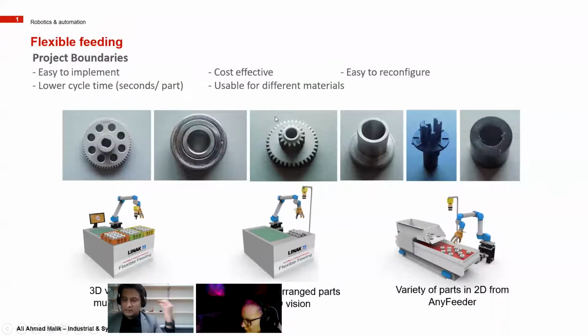Yeah, there is a project that we did to see how these different techniques can be compared with one another, based on cost effectiveness, ease of configuration, and cycle time.